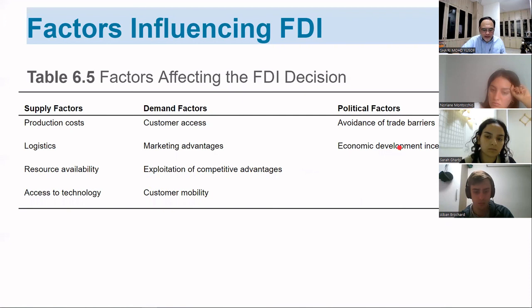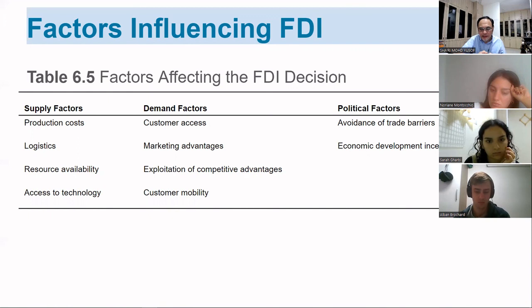Another difficult area is political factors, because it will become a decision whether to undertake FDI or not, such as the avoidance of trade barriers. Companies build foreign facilities to avoid trade barriers.